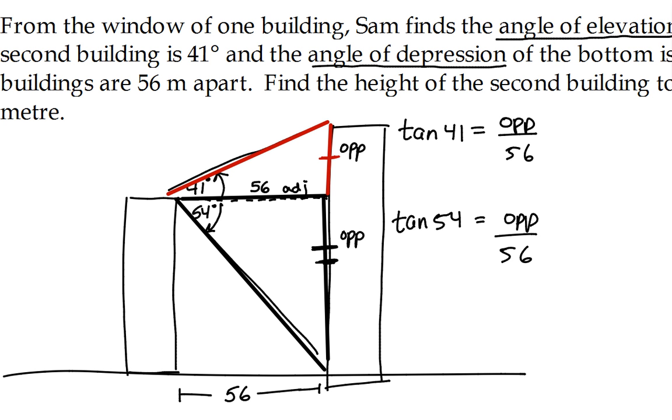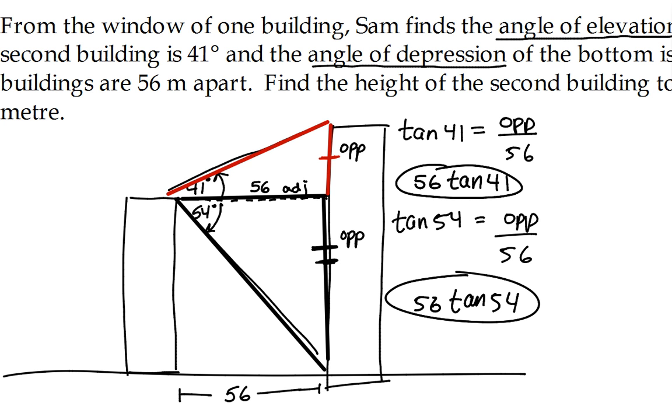It's the exact same equation, except the angles are different, so then the tan function will spit out a different result for those 2 ops. And then you just take those 2 answers and you add them up. So the first one is 56 tan 41, and the other one is 56 tan 54.